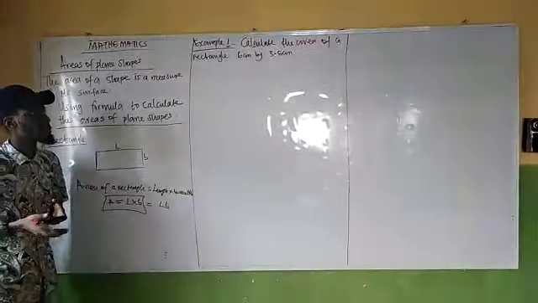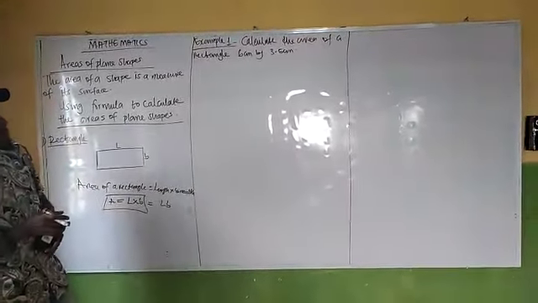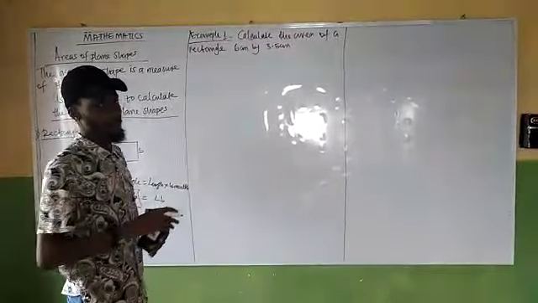Now, how do we solve this? They ask us to calculate the area of a rectangle 6 centimeter by 3.5 centimeter.